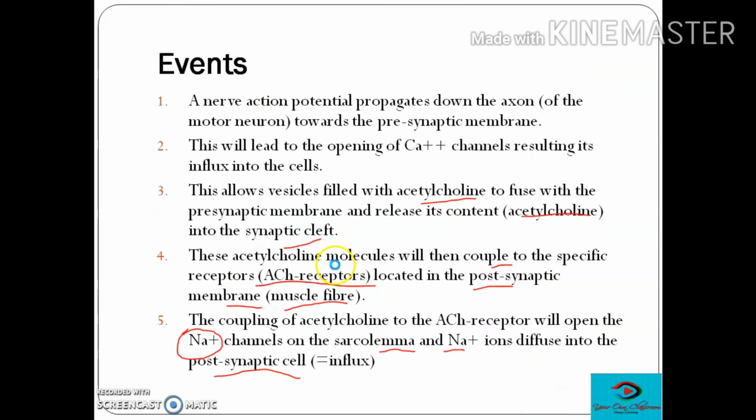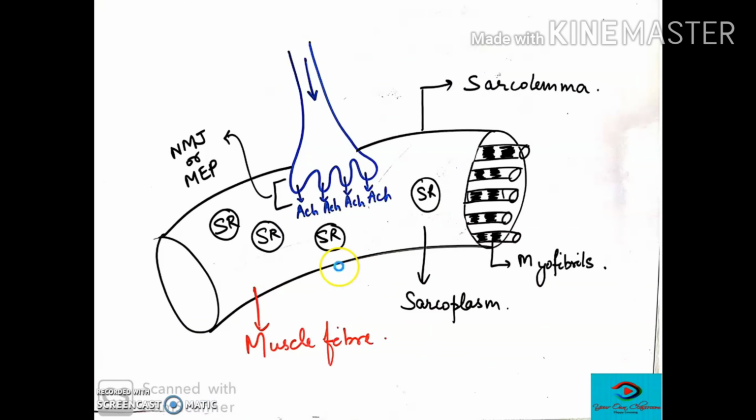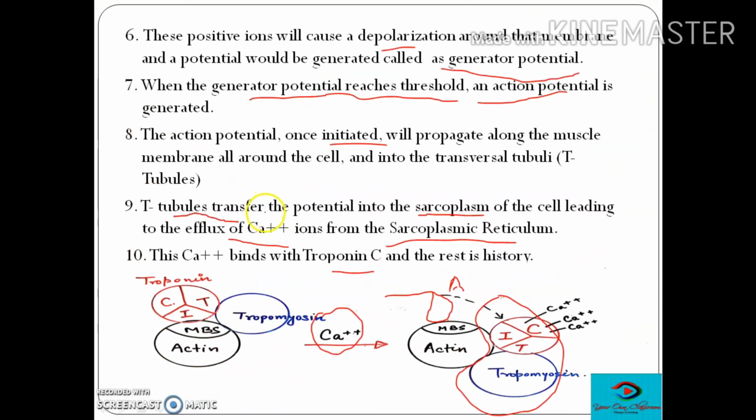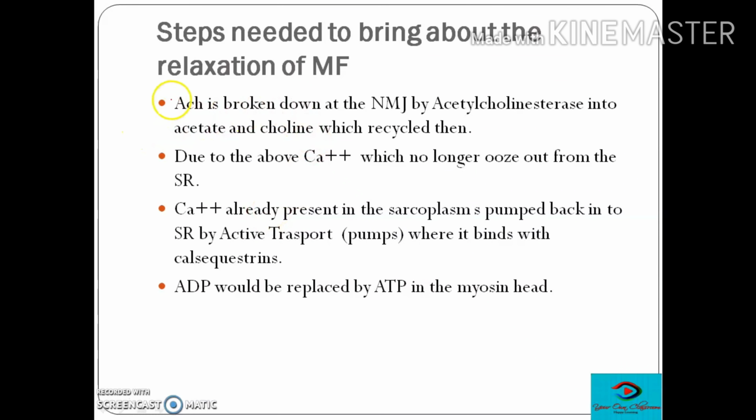So this is all about the biochemical event, but from the very beginning we have been talking about contraction. At some point, these muscles need to relax as well. So what are the steps needed to bring about the relaxation of muscle fibers?